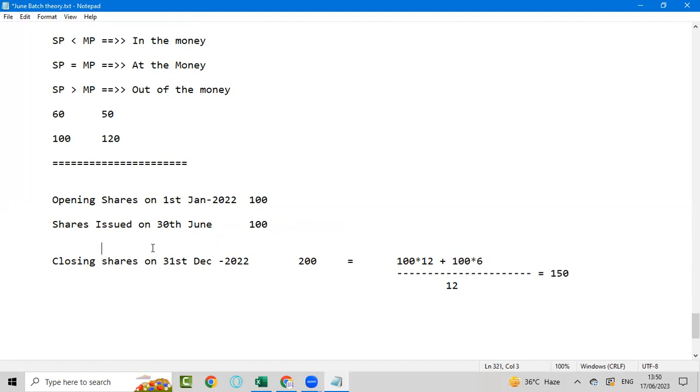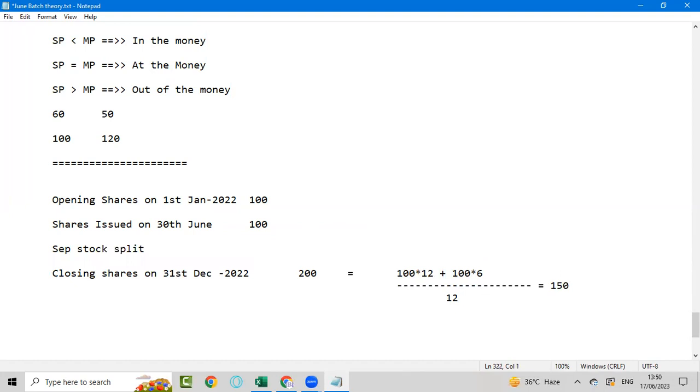Let me remove this. Let's suppose here somewhere in September, stock split was done in 1:2 ratio. So which stocks have been split? These stocks and also these stocks. I'm not considering in this situation these shares as bonus shares.